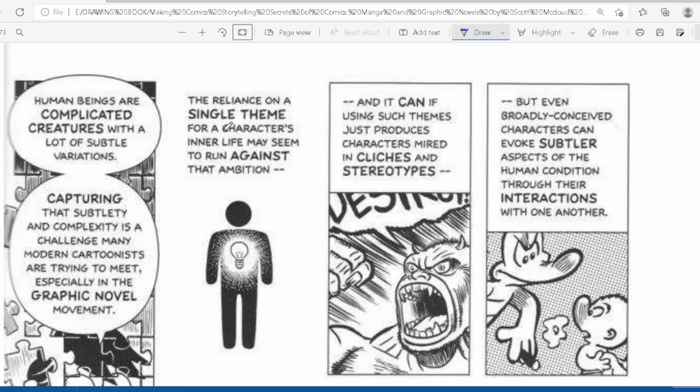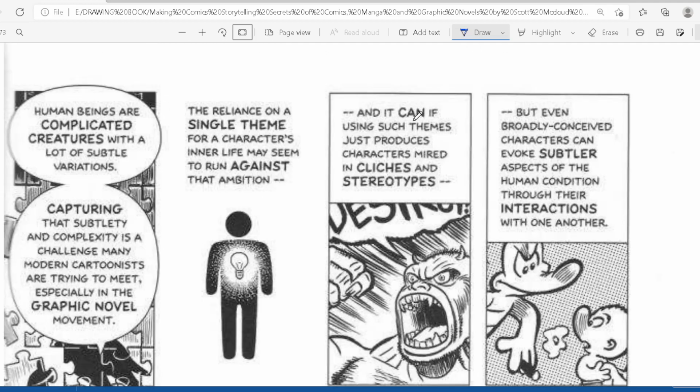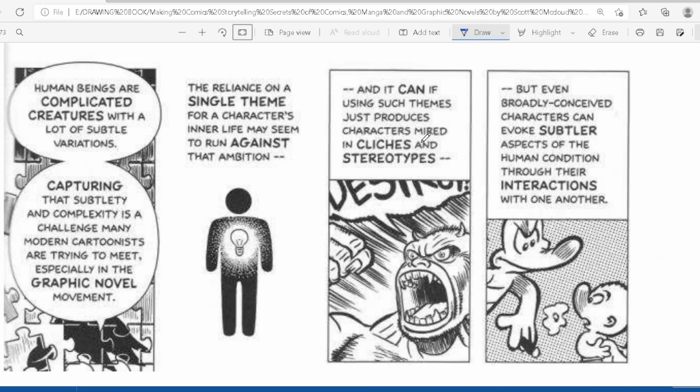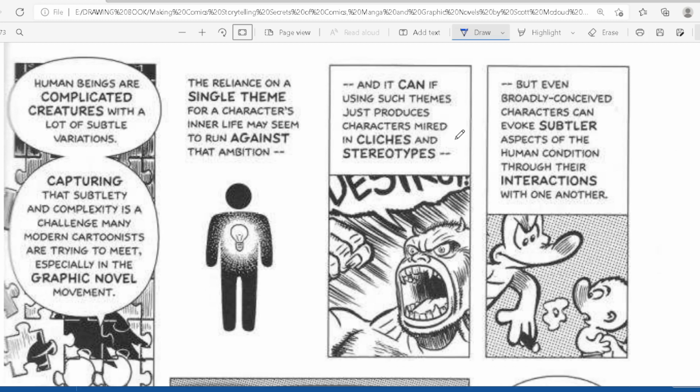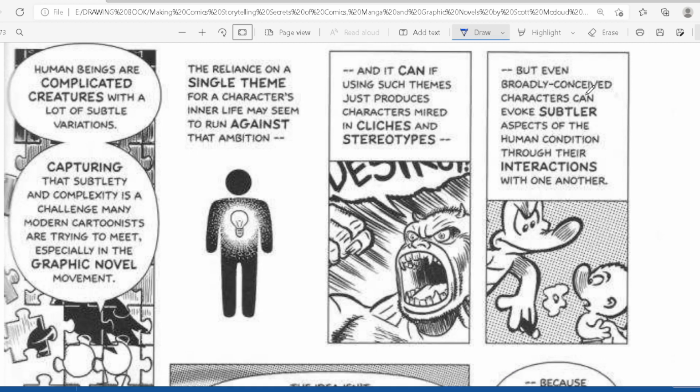The reliance on a single theme for a character's inner life may seem to run against that ambition, and it can if using such themes just produces characters mired in clichés and story stereotypes. But even broadly conceived characters can evoke subtler aspects of the human condition through their interactions with one another.